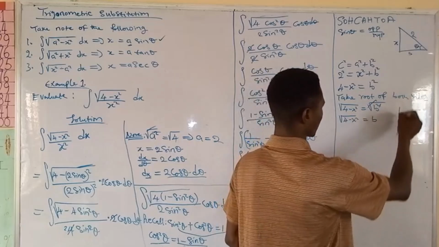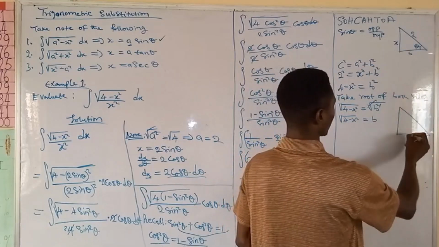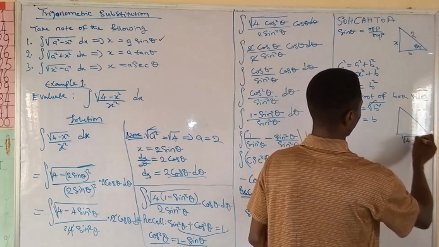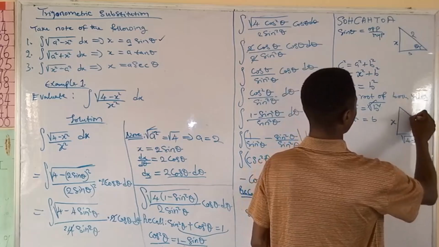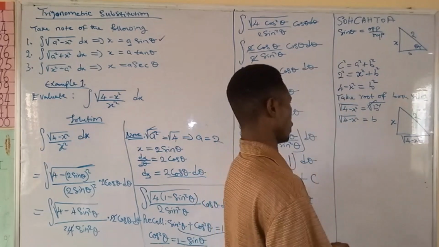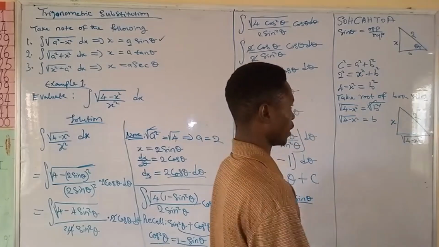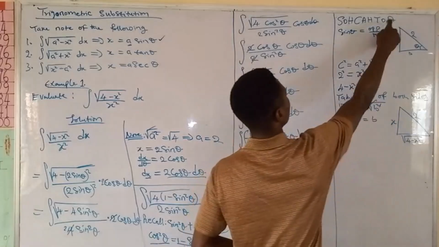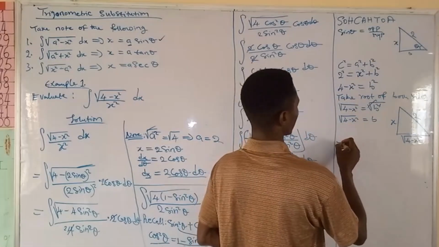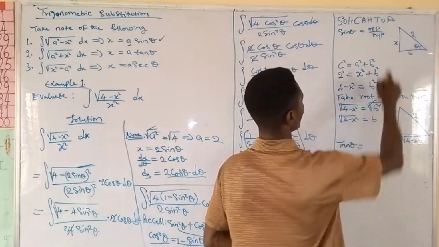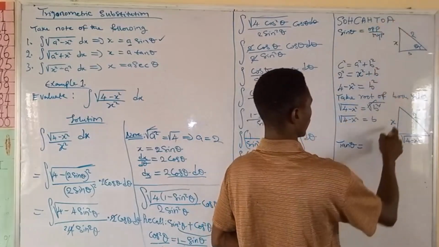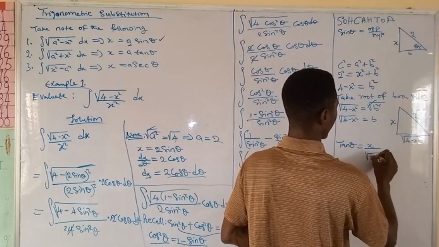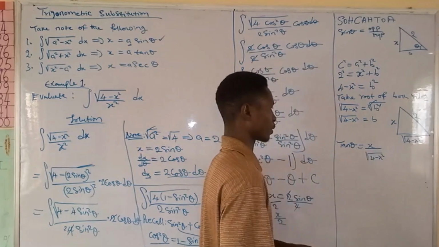So we can redraw this to be root 4 minus x squared, and here is our x, and here is what? 2. So we've gotten all of this. So now, with all of this, we can find tan. What is tan? Tan theta is equal to what? Opposite over what? Adjacent. Opposite is x over adjacent, which is the root of 4 minus x squared.